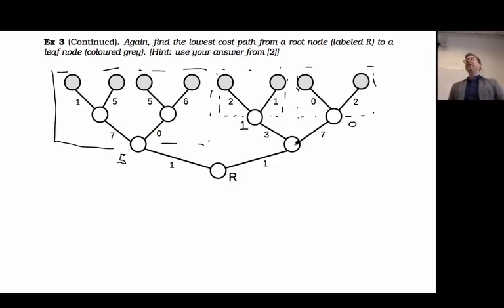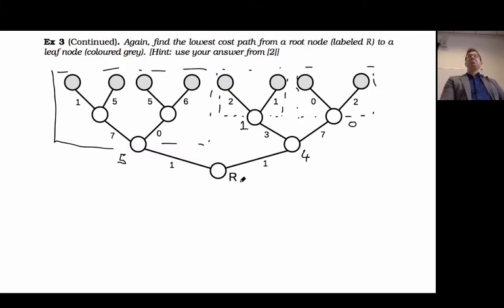Okay, so who says 7? Who says 4 and go left? 4, yeah? And you go left. All right, finally, notice that if I'm now at the root node, and I can go left and get 1, and 1 plus 5, or I can go right and get 1 plus 4. And so, what should I do?